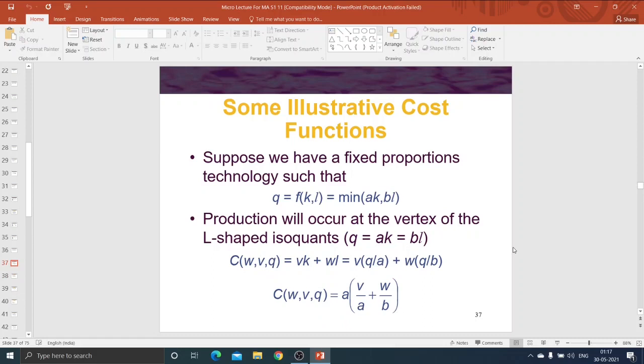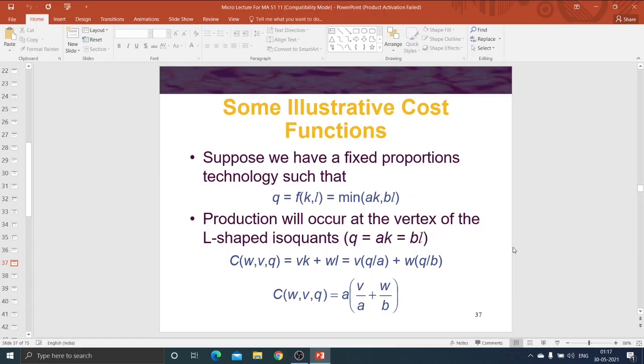So you have C(V, W, Q), which is equal to VK plus WL, which is equal to VQ/A plus WQ/B. So your total cost function is Q times (V/A plus W/B).